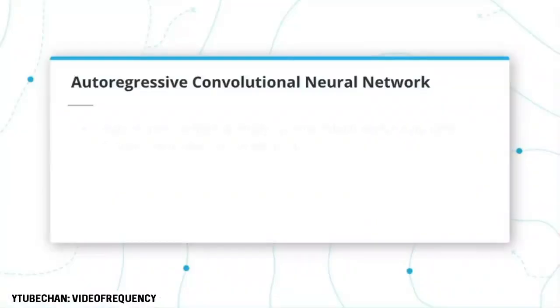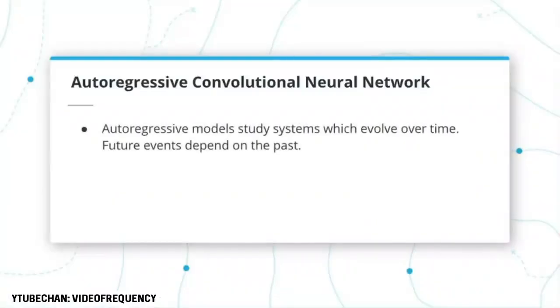As we discussed earlier, autoregressive models are used to study systems which evolve over time. They assume that some future events depend on what happens in the past. In the context of applying autoregressive models to music creation in AWS DeepComposer, we think about time a little bit differently, more like an edit history.